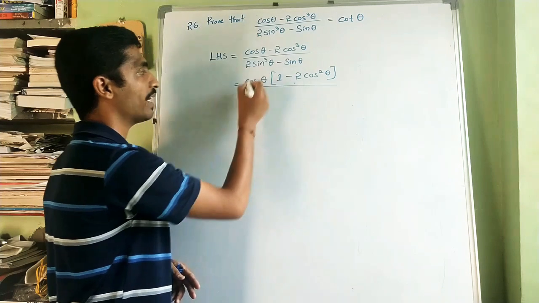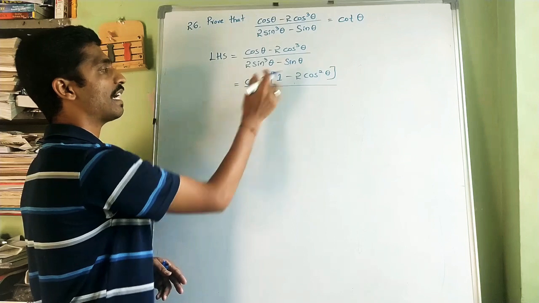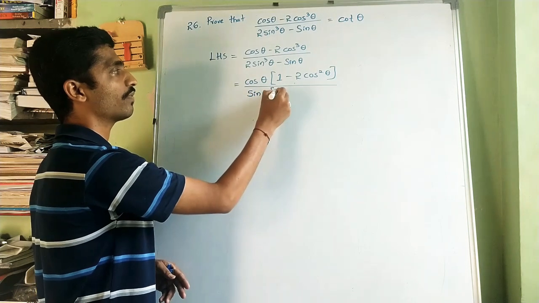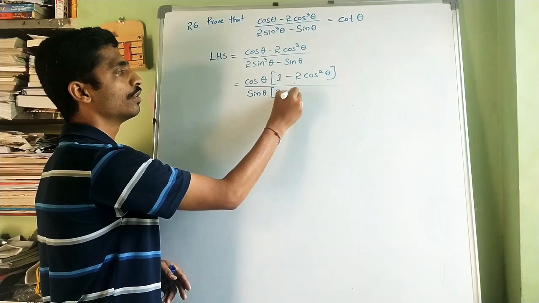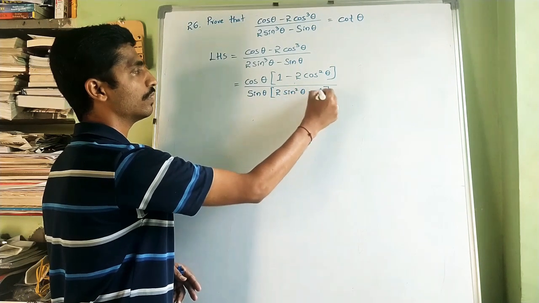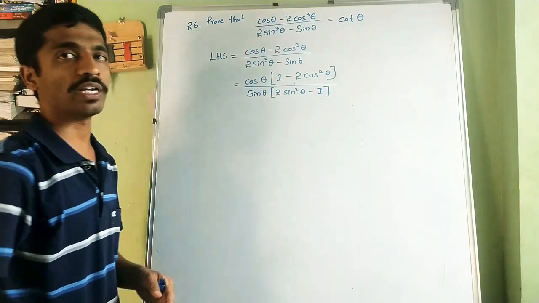Same thing you do at the denominator. Here sin cube is there, sin is there, so I will take sin theta out. What is left? 2 sin square theta minus 1. The multiple left here is 1.